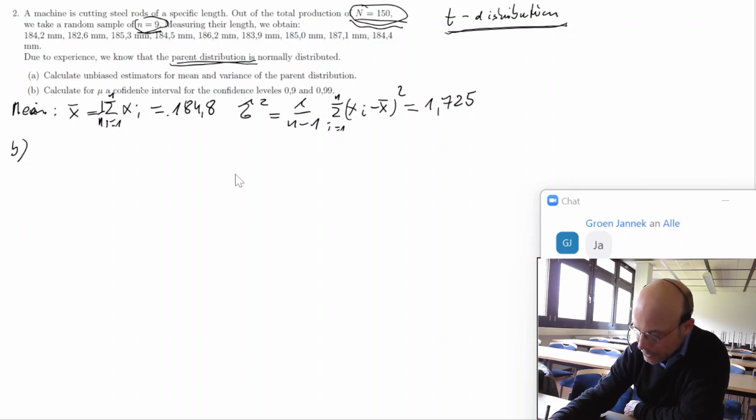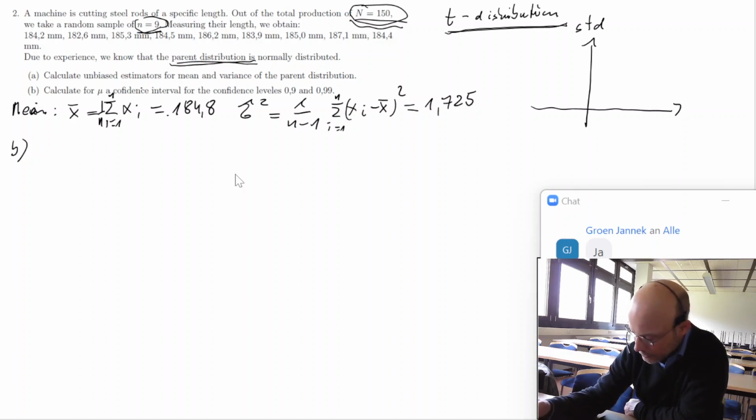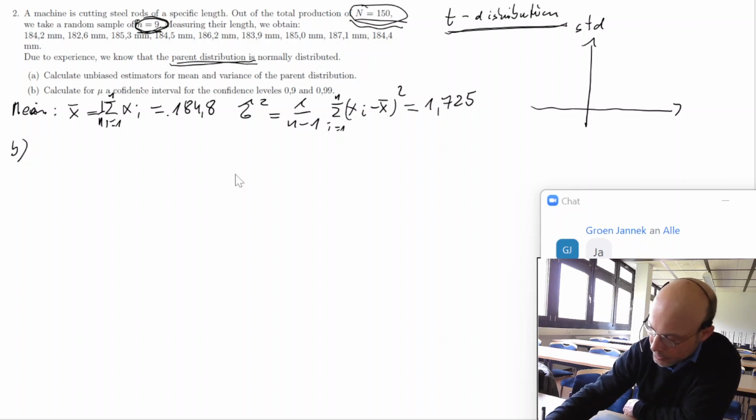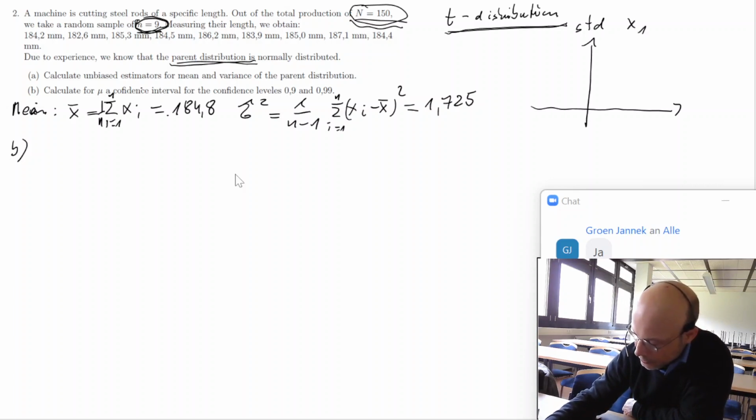Again, we think of our picture after the standardization. n is 9. x_i is x_1 is 184.2, x_2 is 182.6, and so on.